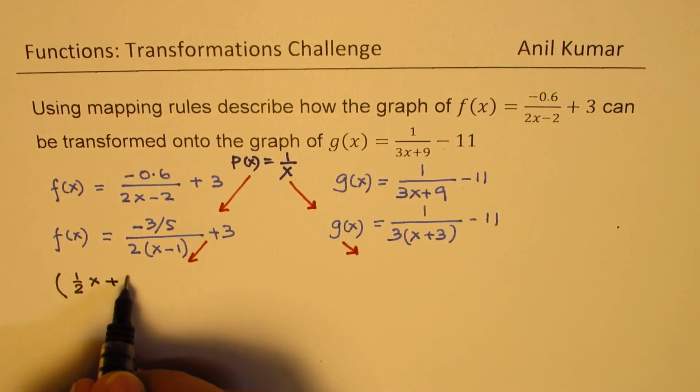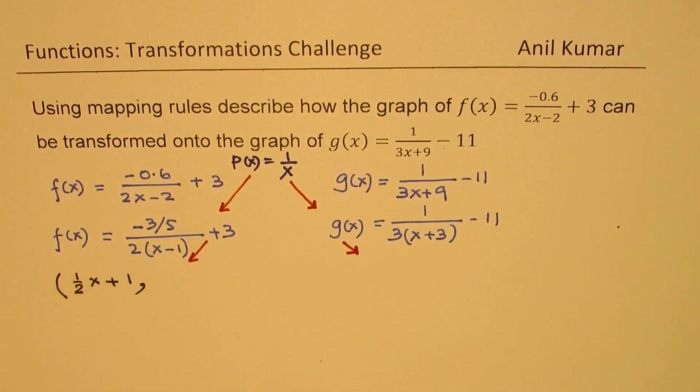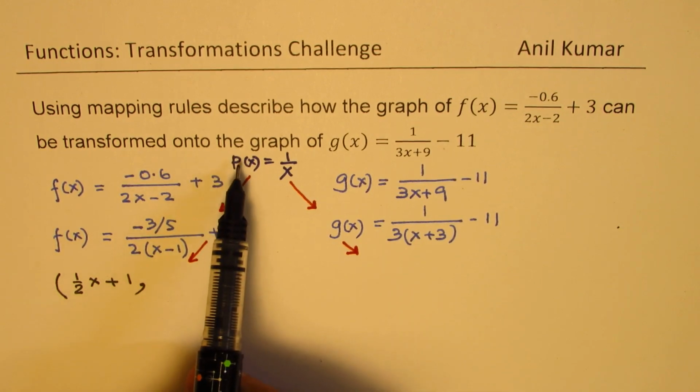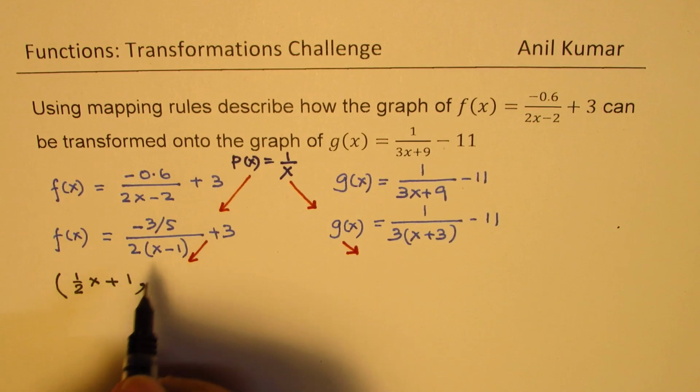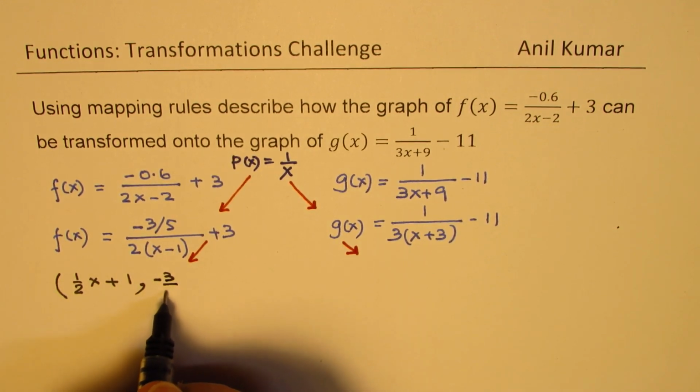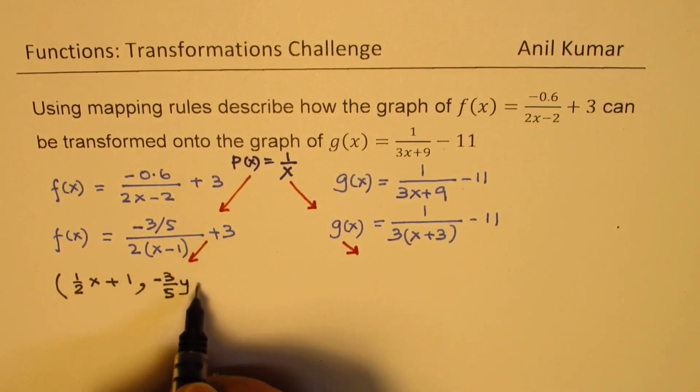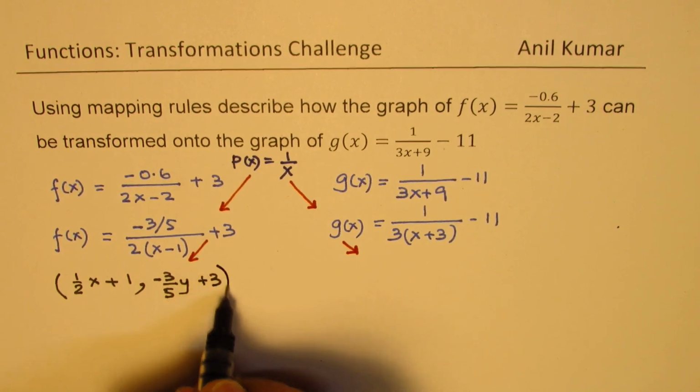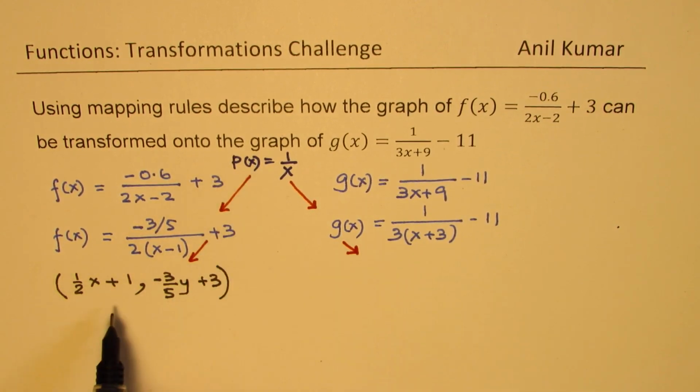So that means increased by 1. So that is how the x values have changed as compared to the parent function. Y values have been multiplied by minus 3 over 5 and then moved 3 units up. So with reference to the parent function, that becomes the transformation.